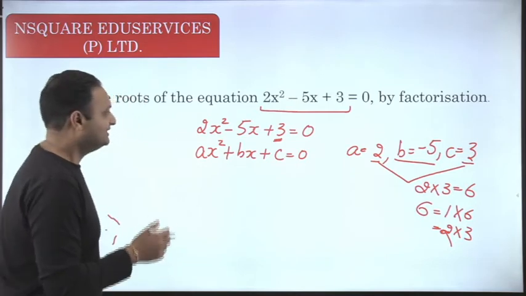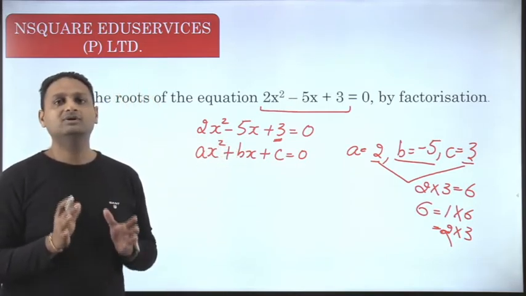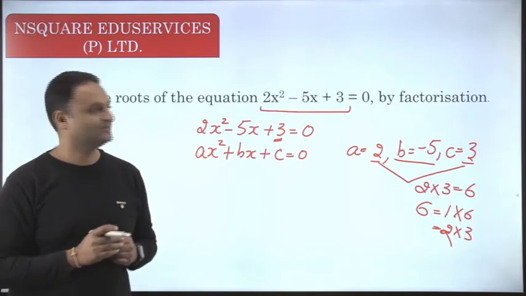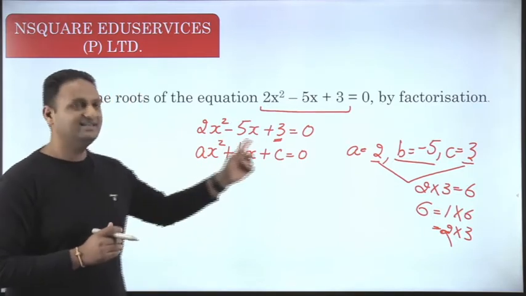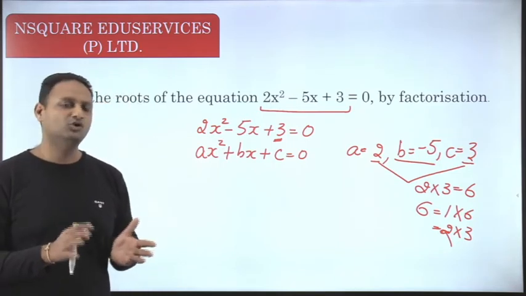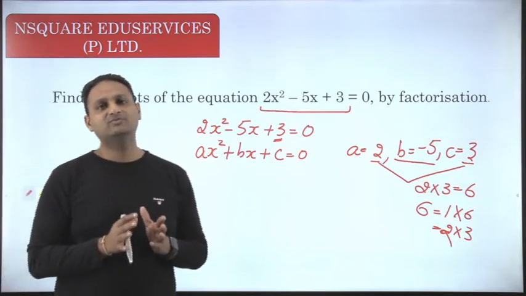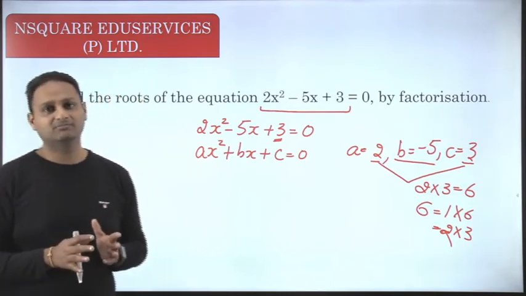So if A and C have the same signs, in this case both have a plus sign, then B is the sum of two different terms. But if A and C have different signs, one of them is plus and one of them is minus, no matter which one, then B has to be considered as a difference of two numbers.